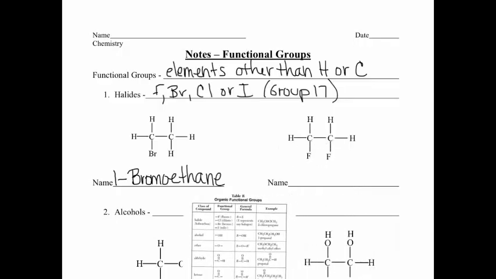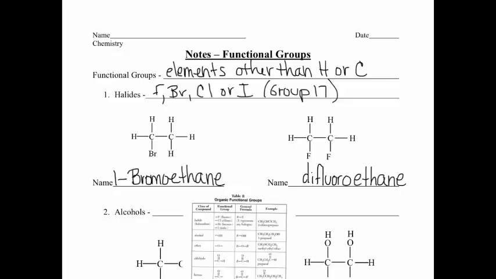All right, let's look at the other one we have here. In this one, we have 2 fluorines attached to it, but let's first just look at what we would call this on its own. It would be ethane again, because it's a 2-carbon alkane. And then we need to add our fluoro. Since there are 2 fluoros on there, we're going to say difluoroethane.